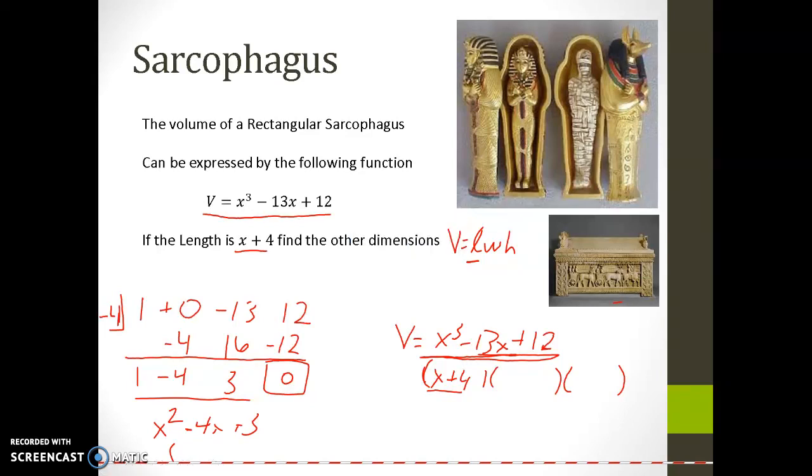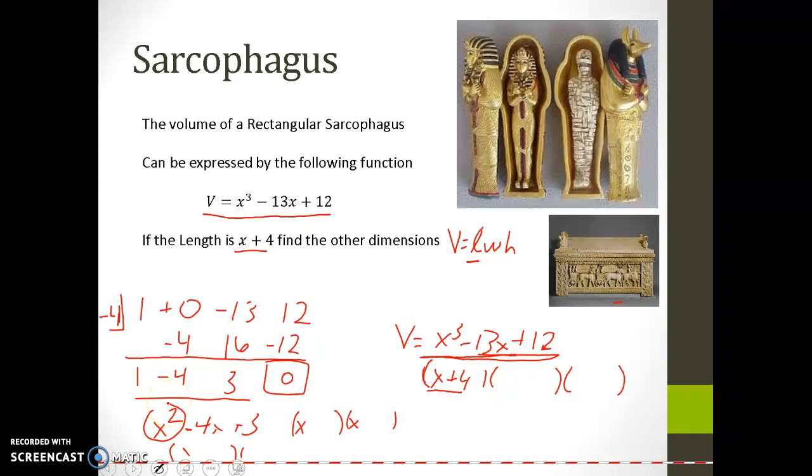Let me try this again here. I'll factor it here. I'll have x times x, because that gives me x squared.